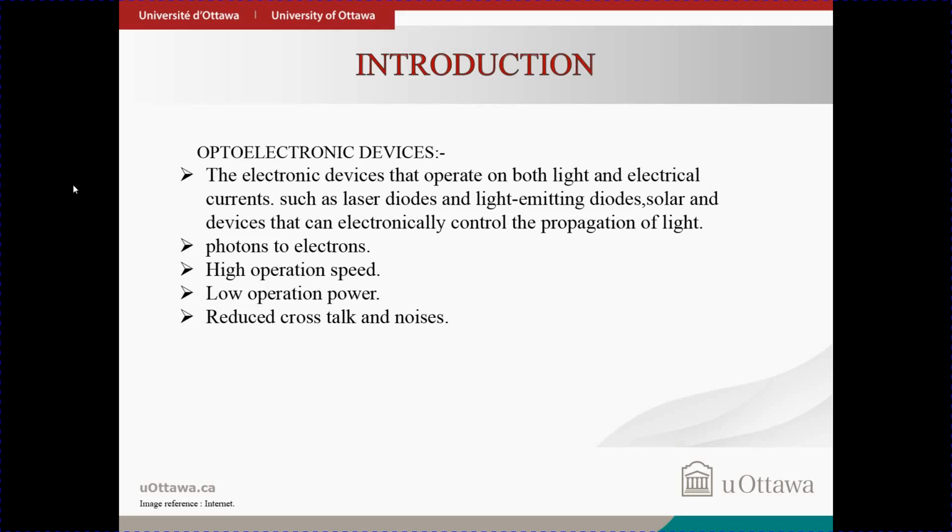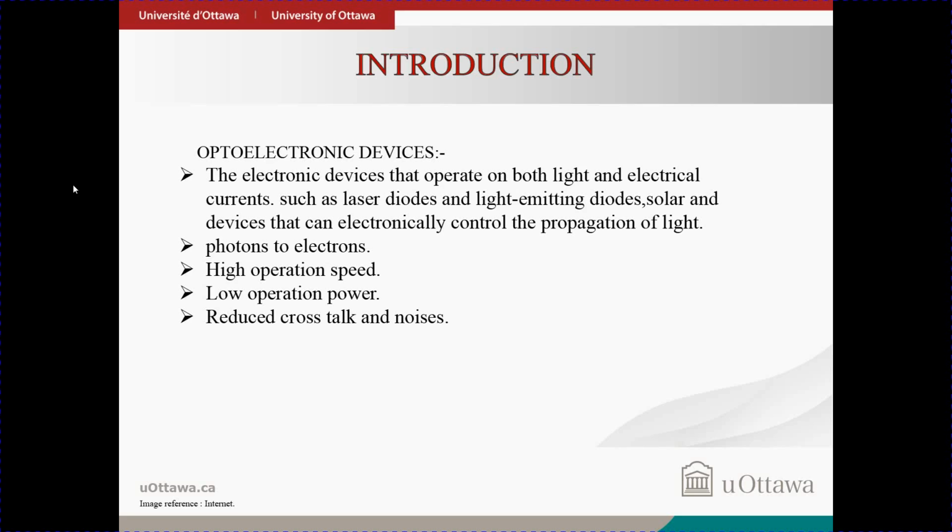What are optoelectronic devices? Devices which operate on both light and electrical currents, for instance laser diodes, light emitting diodes, and solar devices. And the devices that can electronically control the propagation of light come under these optoelectronic devices.